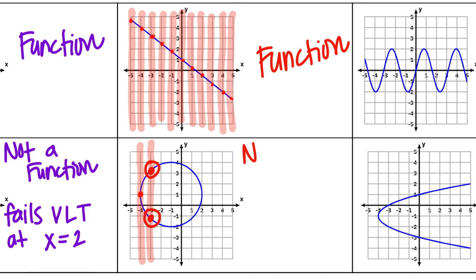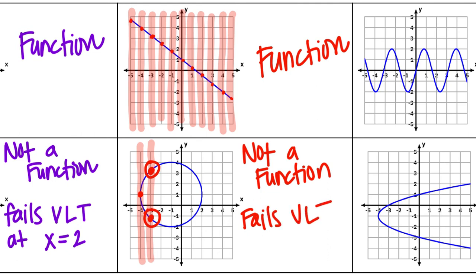Already, I could tell you that this is not a function because it fails the vertical line test, fails VLT at, this is x equals -3. As long as you can find one x value where there's two y's, it's already not a function.